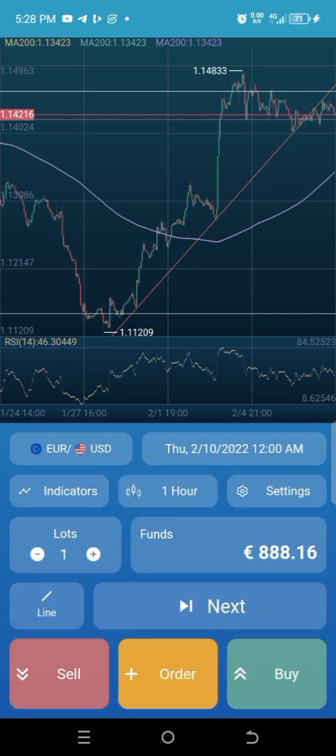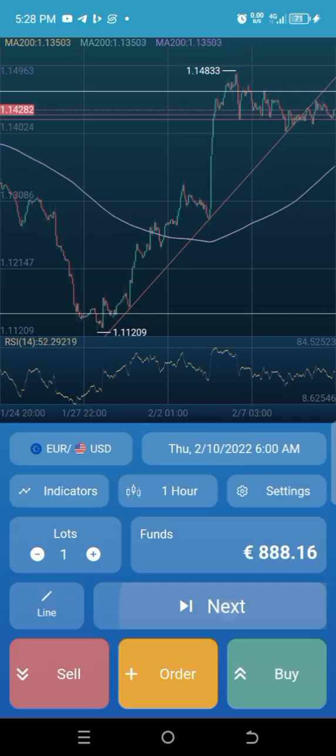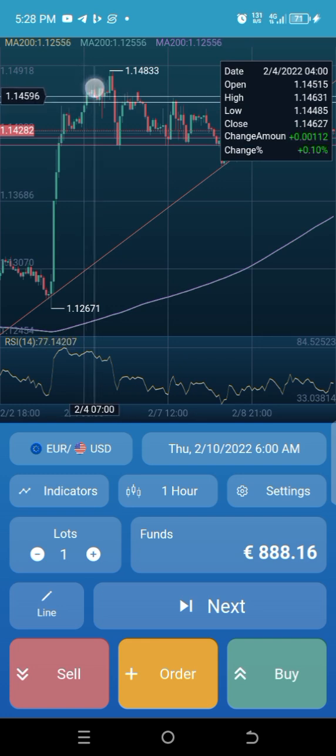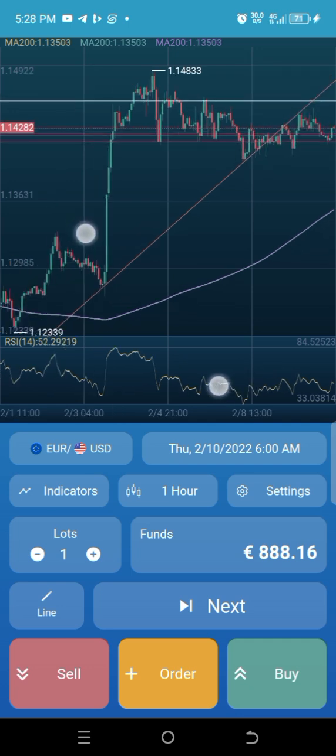Sideways break. What does this say? 76 overbought, divergence. 81, yes, there's a divergence.